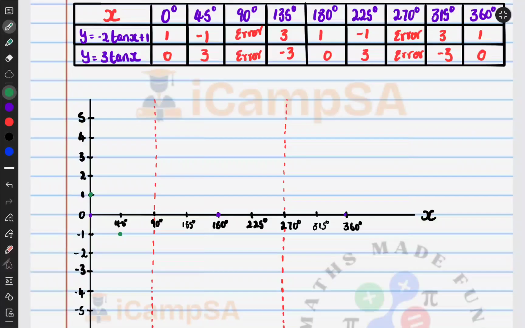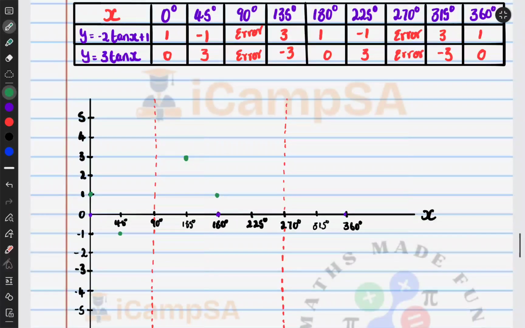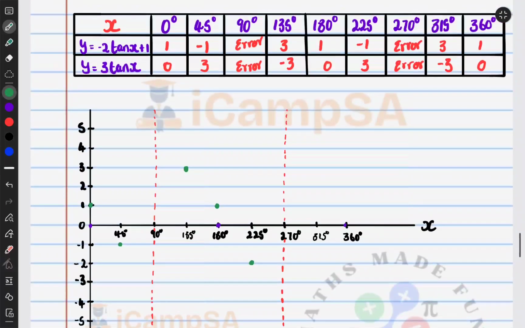At 90 is an error. At 135 we have 3. At 180 we have 1. At 225 we have negative 1. 270 is an error.